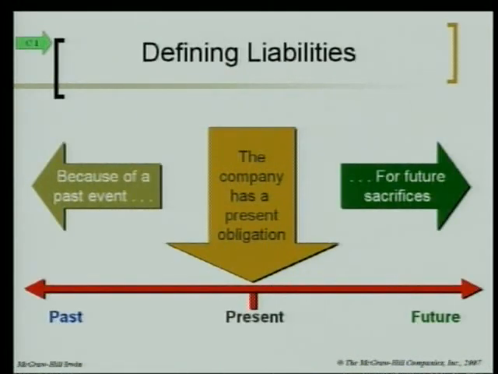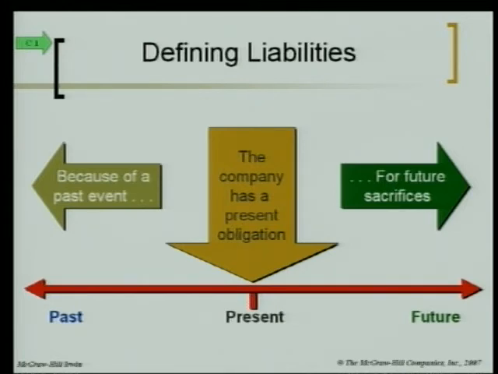What is a liability? Well, a liability is kind of a snazzy way of thinking about it. It's money that we owe right now in the present because of something that happened in the past. And what we're eventually going to have to do is make a future sacrifice, which is usually going to mean cash payment. Okay?